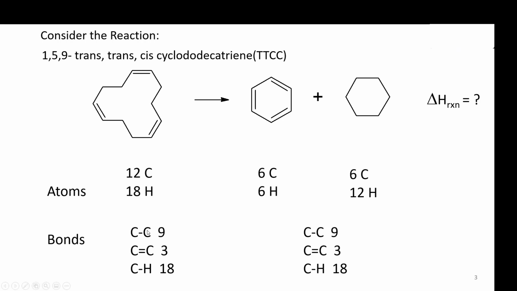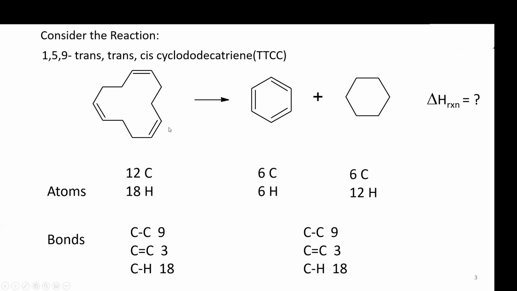If you count the number of bonds, there are 9 carbon-carbon single bonds, 3 carbon-carbon double bonds and 18 carbon-hydrogen single bonds, right? So this can become a benzene molecule, which has 6 carbon and 6 hydrogen, and a cyclohexane molecule. The difference in the benzene molecule is that the carbon-carbon double bonds are conjugated.